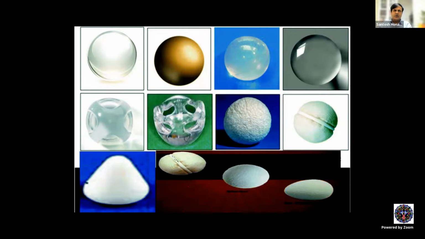This is a textbook picture, whereas this is a Mule's implant or a sphere. This is a sphere made up of a different material, but it is nevertheless a sphere, right? So spheres can be made up of different materials. The first implant that was made was with which material? The first Mule's implant was glass.